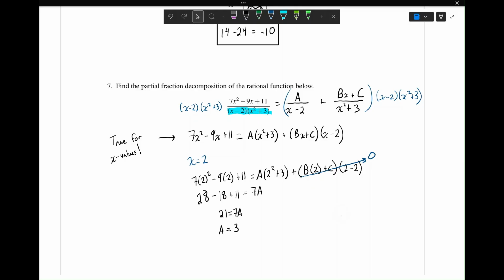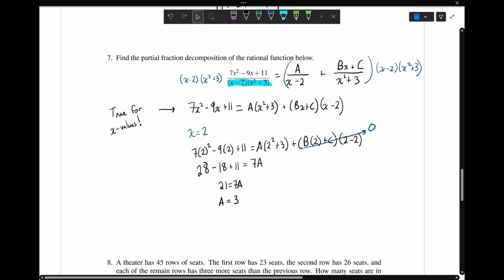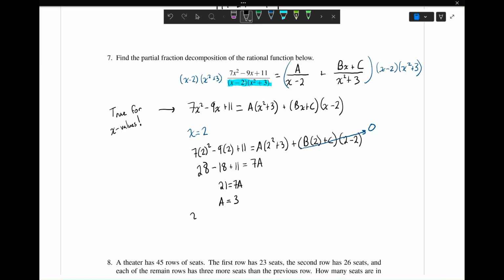Now, I can equate coefficients again, or I can put in another x value and see if that helps. Let's plug in x equals 0, because we love putting in zeros for x's. So the left-hand side becomes just 11 equals a times 3 plus, well, the bx is going to go to 0, so this turns into c times -2.